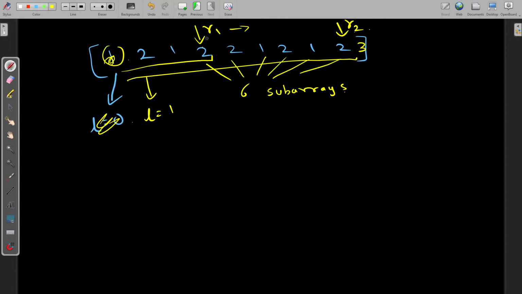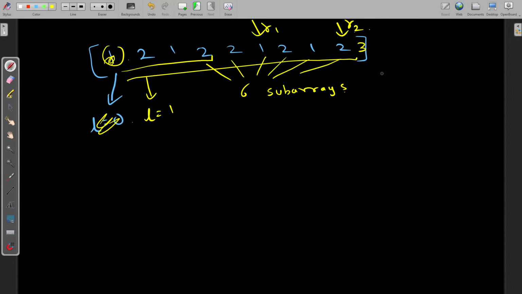What we need is one more occurrence of that element. So I will erase R1 from here and move it forward until it satisfies the second condition as well, and it would be somewhere over here. For R2 also, I will try to increment, but we can see that we cannot increment further because it would increase the distinct count. So R2 would stay stationary in this case, but R1 will have increased.